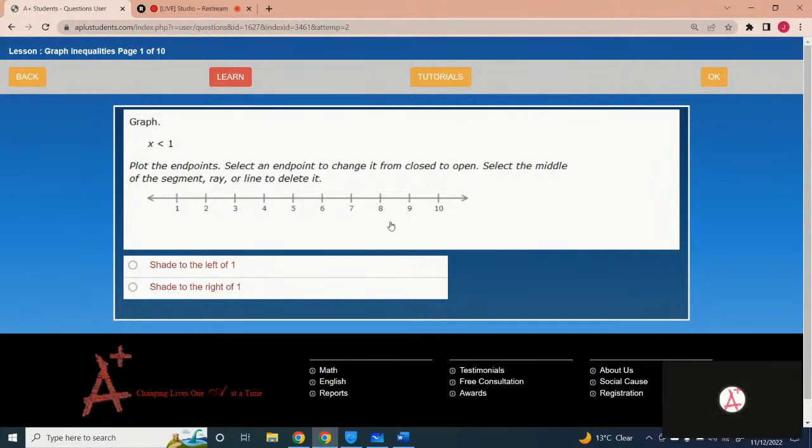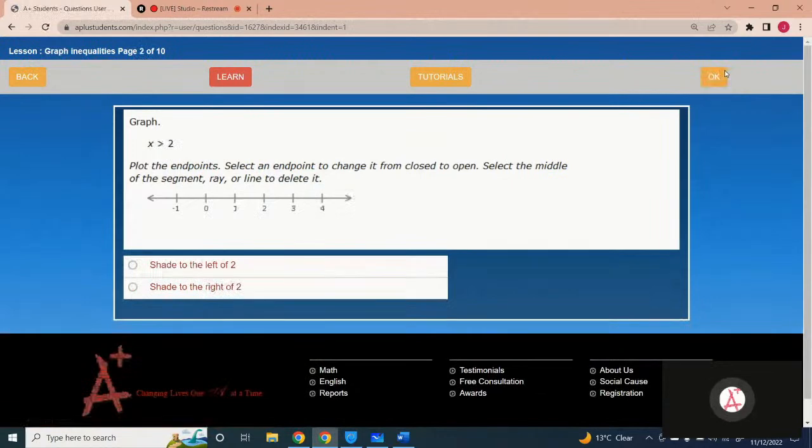Got it? So the correct option is left of 1.